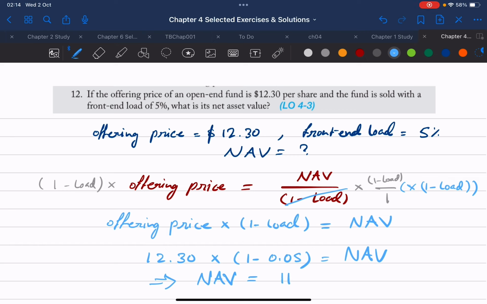It says in my calculator 11.685, so we're just going to round it up, so that will be 11.69. Okay, so the net asset value for this particular mutual fund is $11.69 per share.